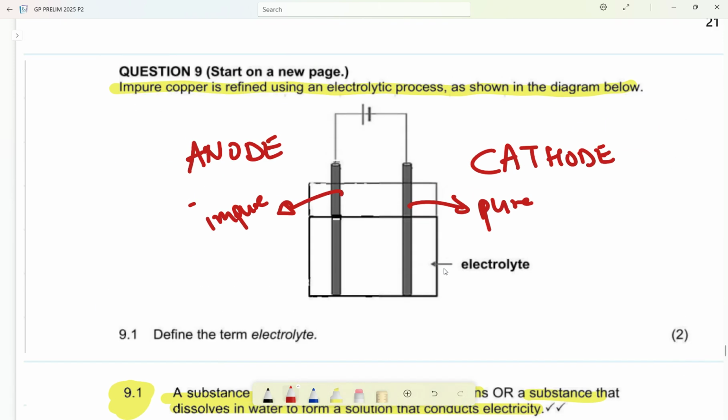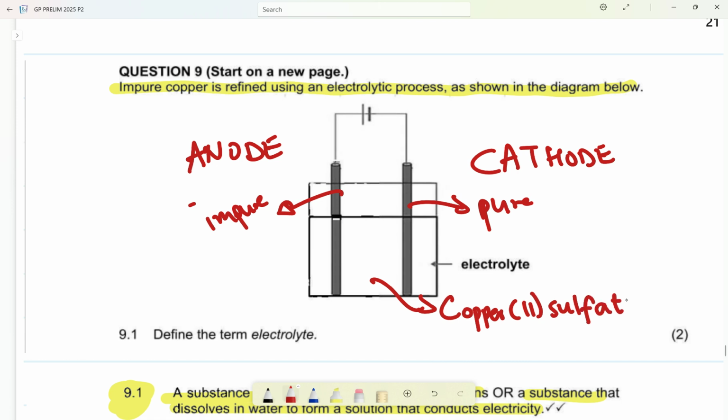And then name a suitable solution that can be used as an electrolyte. Well, you can use what we refer to as copper sulfate. You can use copper sulfate, guys, because you have copper here. It's easy, just check you have copper, and then you can say the name. So it's going to be copper(II) sulfate. You need that 2.